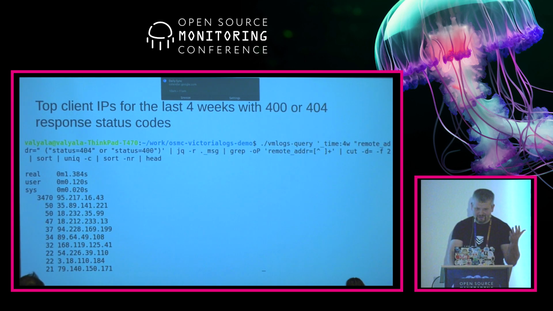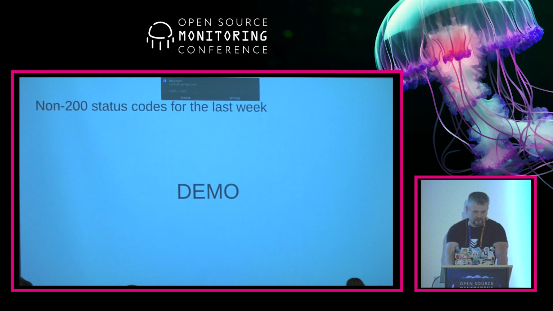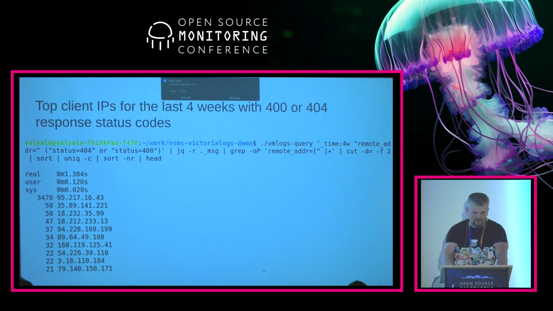What about IP addresses? Let's extract the remote address value and get stats about IPs: how many log messages were generated by every IP address with status 400 and 404, for instance.